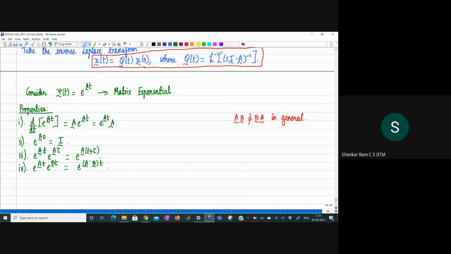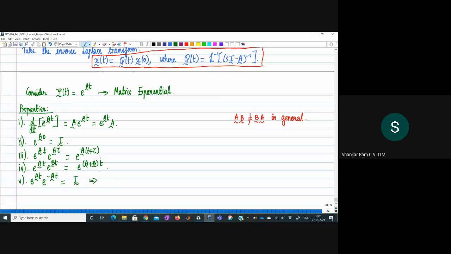Once again, from experience with usual scalar valued functions, these seem very obvious, but as I said, these are matrix exponentials. That's why I'm reiterating some of the properties. And if we have e^(At) times e^(-At), we are going to have the identity.